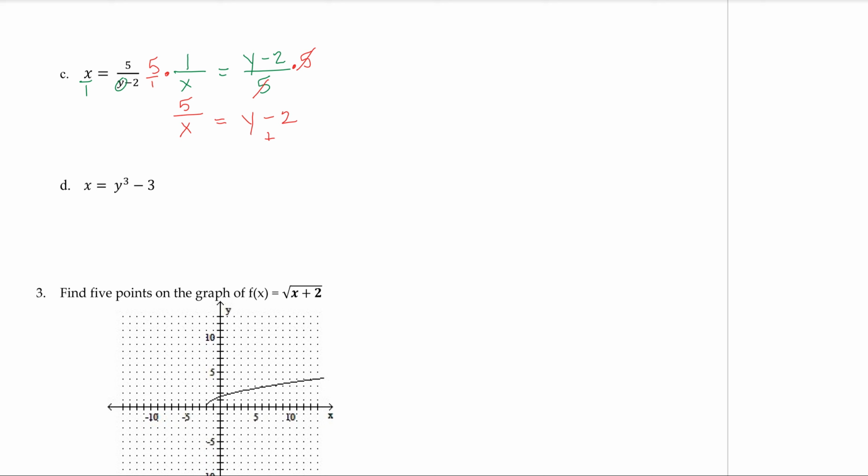To solve, I'm going to add 2 to both sides. Remember, I cannot add that 2 to that fraction. So this becomes 5 over x plus 2 equals y. And that's it. It stays just like that.